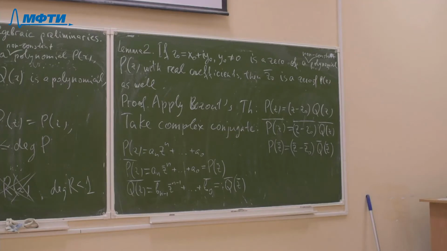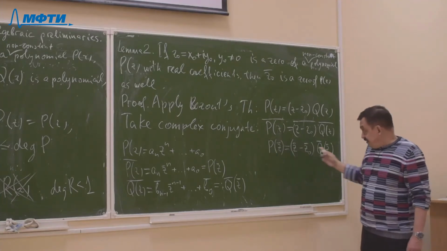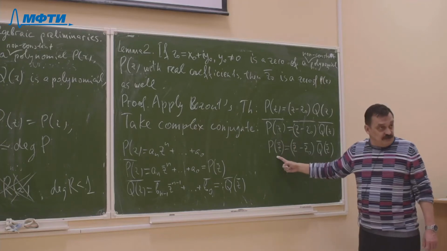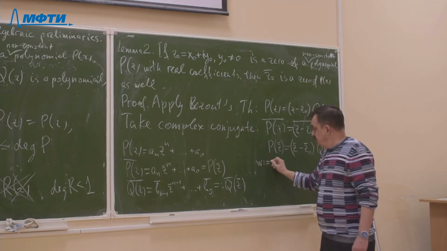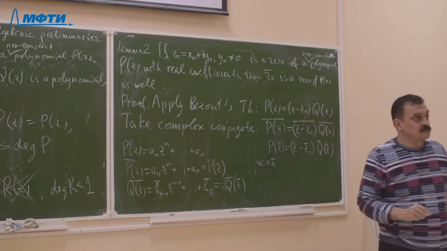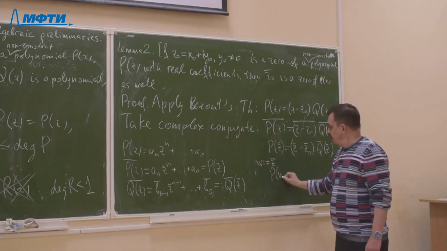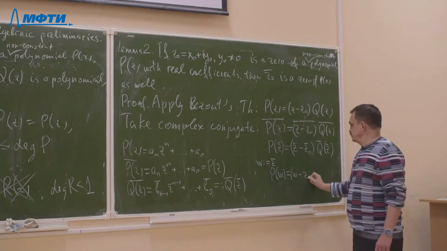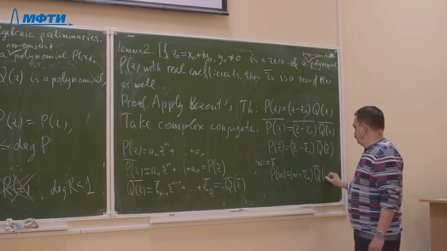Now let's have a look at this equality. We have an equality for polynomials where we took as a variable z conjugate. So let us denote w by this z conjugate. So what we obtain then? I have p of w equals w minus z naught conjugate times q bar of w.